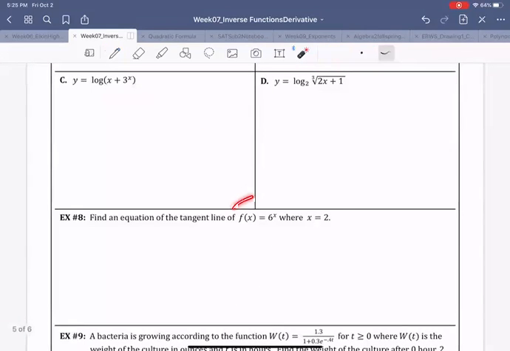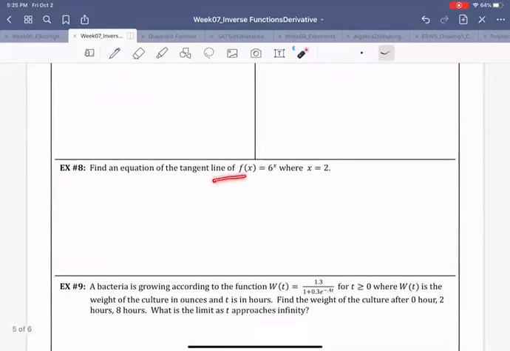I want to teach about this one. I think you can handle those questions. Let's do this. Find an equation of the tangent line of f(x) equals 6 to the power x, where x equals 2. To find the tangent line, for sure you have to get the derivative. So f prime x is ln 6 times 6 to the power x.